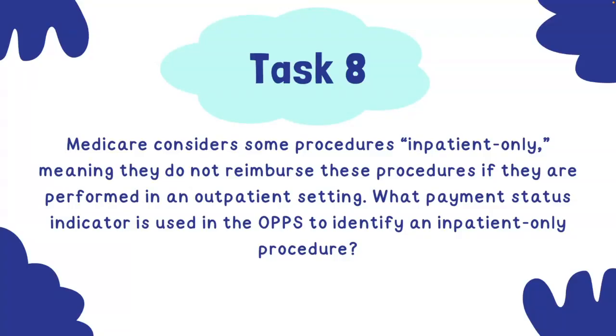LID is line item denial. Here, we're looking for that payment status indicator. And this is a great time for you to go into Blackboard and go to the APC folder and click on the Addendum D1 status indicators if you don't know the answer.